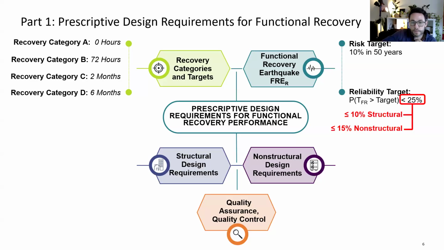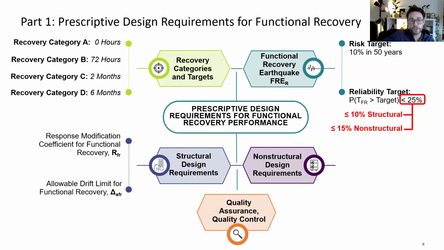So as you'll hear later in the presentation, for functional recovery categories A, B, and C, we allocate 10% of this 25% reliability target to the structural system and the remaining 15% to non-structural systems. So we can develop essentially distinct structural and non-structural design requirements.